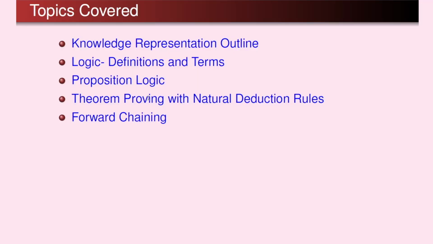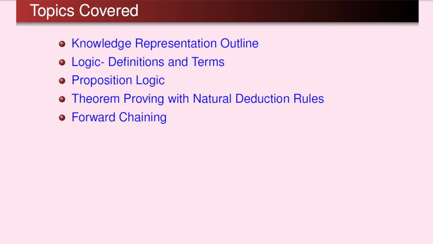In unit 3, we will first cover the knowledge representation outline, then we will see the logic terms, what are the definitions and terms that are available, and how we can understand them in simple terms. Then we will go ahead with proposition logic, and whatever we did in discrete math, we will have a quick recap of all those.